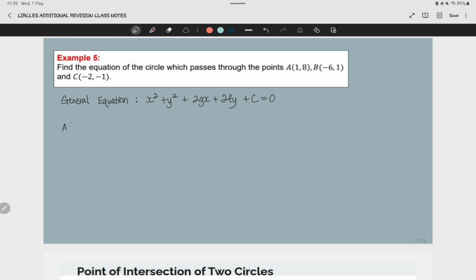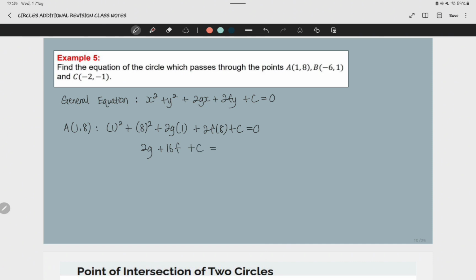So let's say for A, which is 1, 8. You substitute all the values: 1 squared plus 8 squared plus 2gx plus 2fy plus c equals 0. What will you get? You get 2g plus 16f, and then plus c.